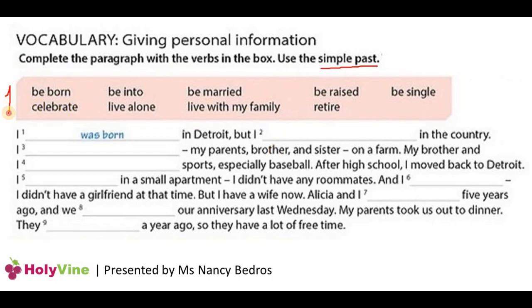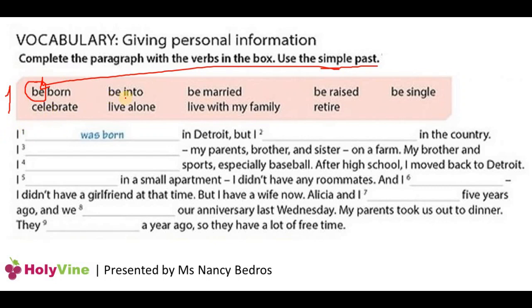Let's read these words or verbs together. Be born, and the reason there's be here, because you will change it and put it in the simple past. So whether it's going to be was or were, it depends on the subject. If it's I, he, she, it's going to be was. They, we, you, it's going to be were. Okay.